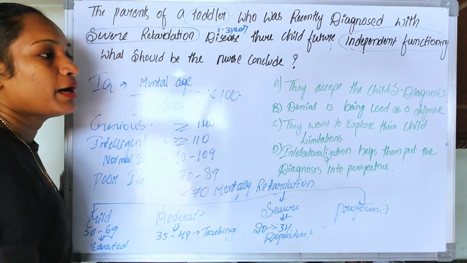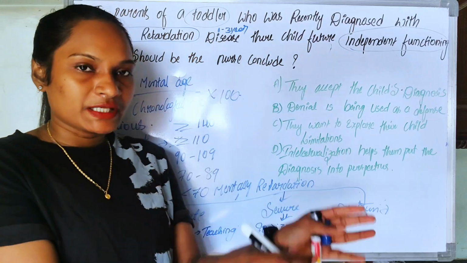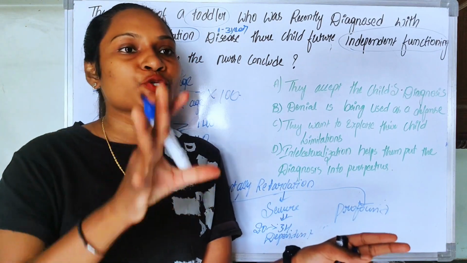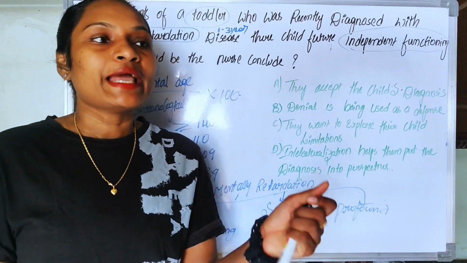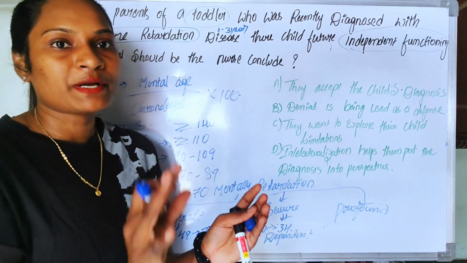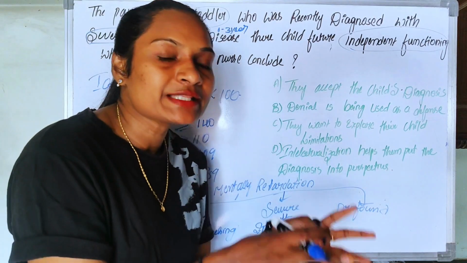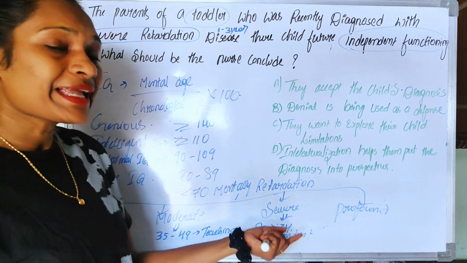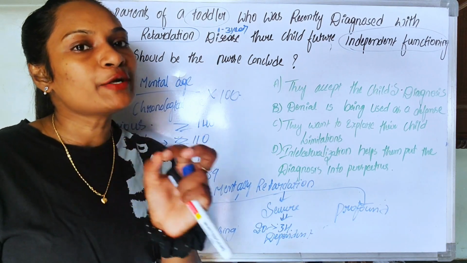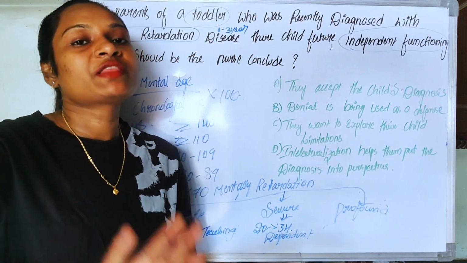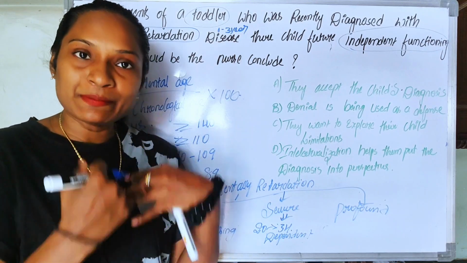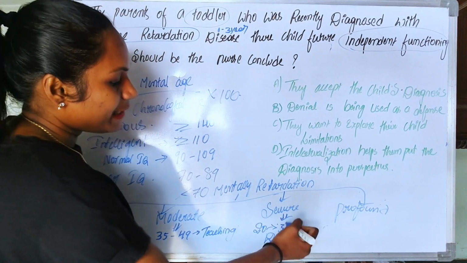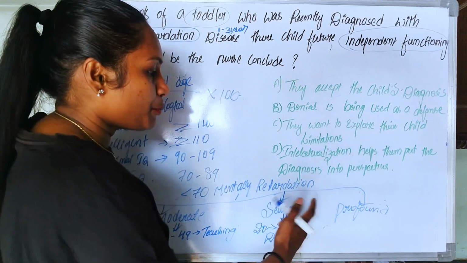Dependent means along with that person, one more person has to stay for the whole rest of his life to support that person, to give guidance or anything. He can't do any work himself. So for that kind of person, dependence is important.